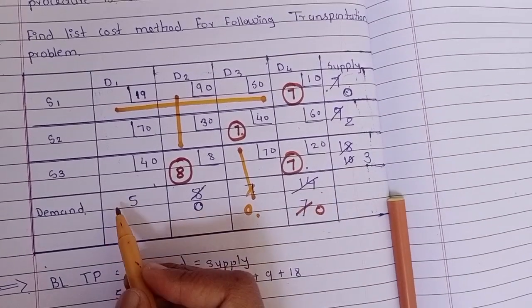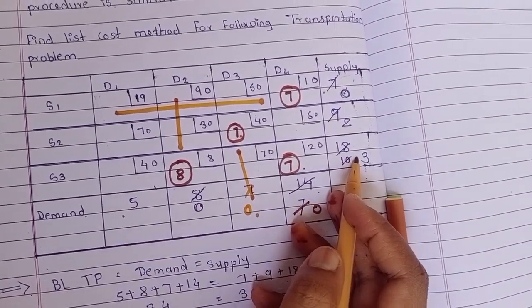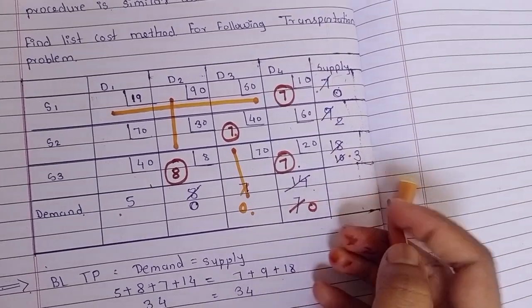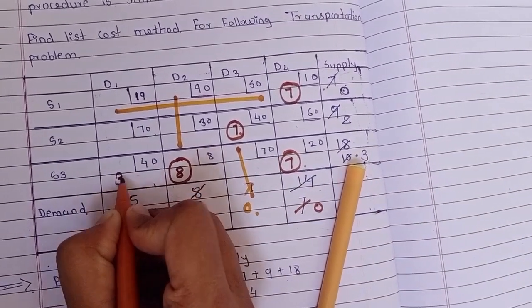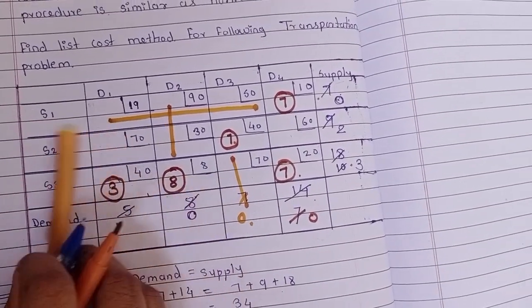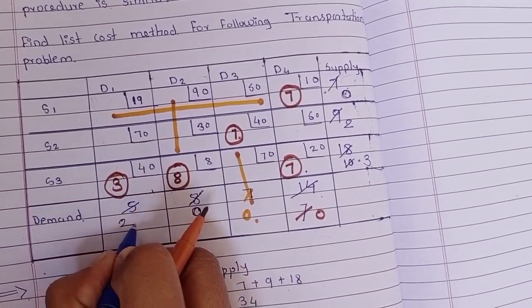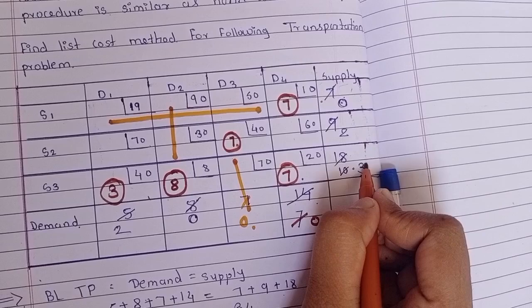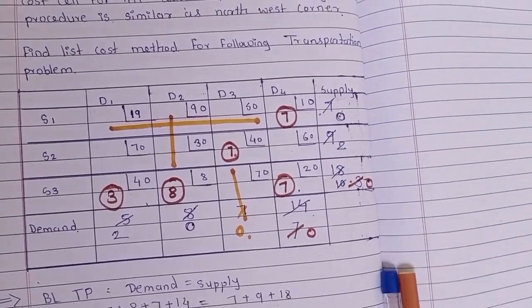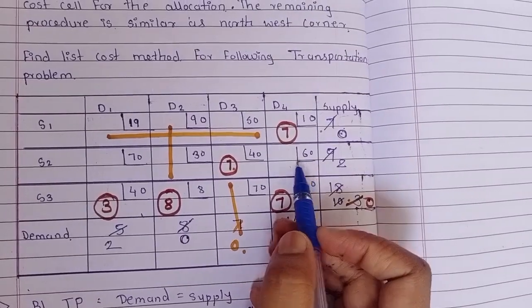Here the demand is 5 and the supply is 3. So we make the allocation of the minimum value, that is the supply. So we make the allocation of 3 here. Now subtract 3 from this 5, and it remains 2 here. The 3 gets cancelled and remains 0. Now there are only 2 remaining cells, 60 and 70.